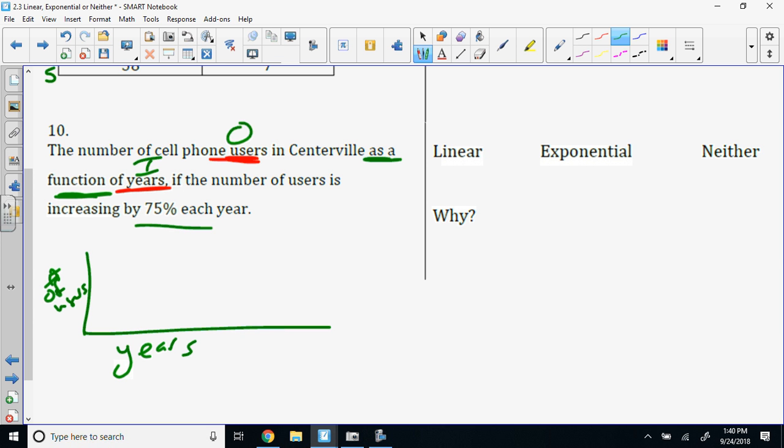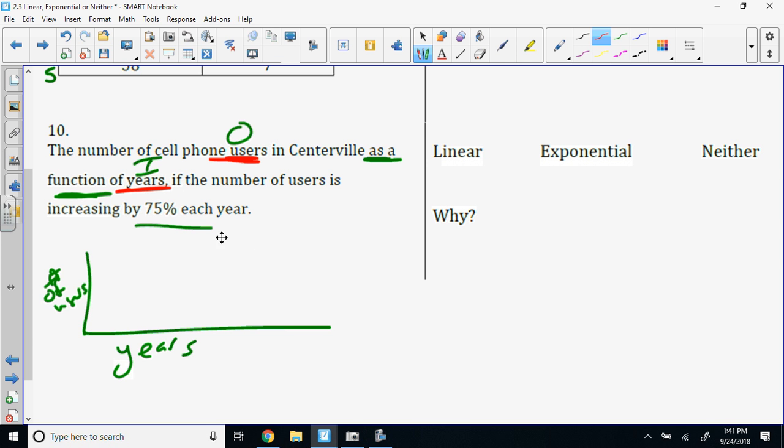Okay, it's increasing by how much? 75%. Now, is that a constant rate? No. Because I take 75% of something, that ain't the same as 75% of something that's less or much more, right? I take 75% of 100, that's 75. But if I take 75% of a dollar, that's 75 cents, 0.75, right? Big difference, depending upon what you're talking about.